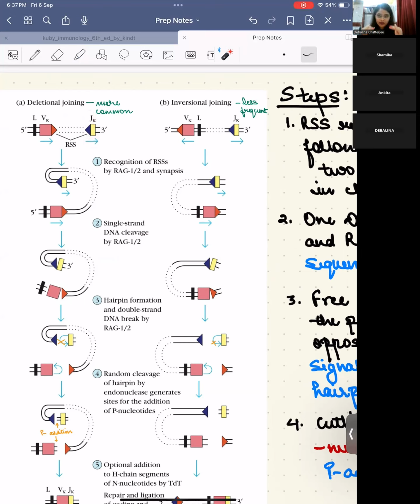So whenever we have two reading frames oriented in the same direction, what happens is known as a deletional joining, and it is a more common phenomenon. The other possibility, which however is less frequent, is that we have the reading frames in opposite direction.